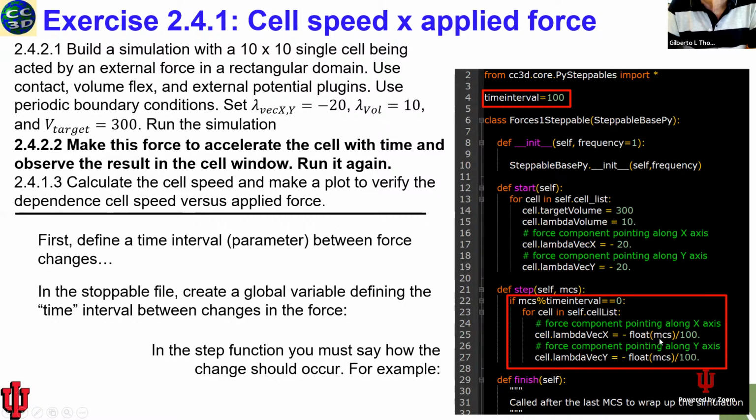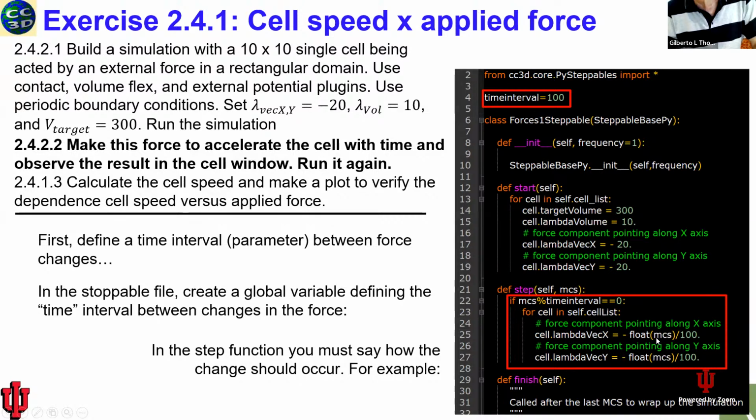I'm putting here float of MCS divided by 100, just to have a small number all the time, because Monte Carlo step goes to 10,000. I will explain more about that later.